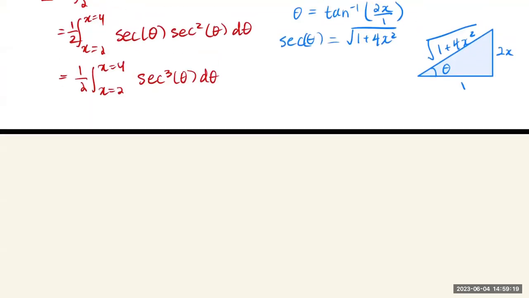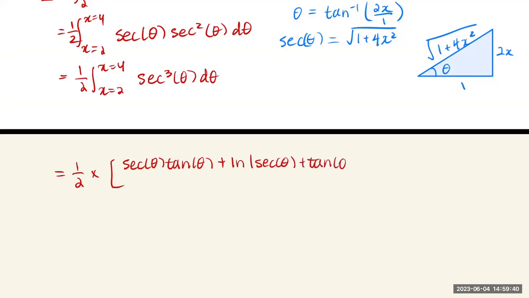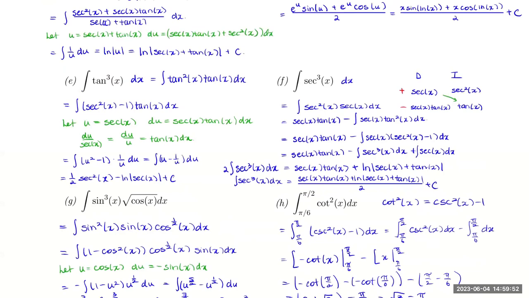So we have here half multiplied by the secant theta tan theta plus the ln of secant theta plus tan theta, and this is divided by 2 and then plus c.